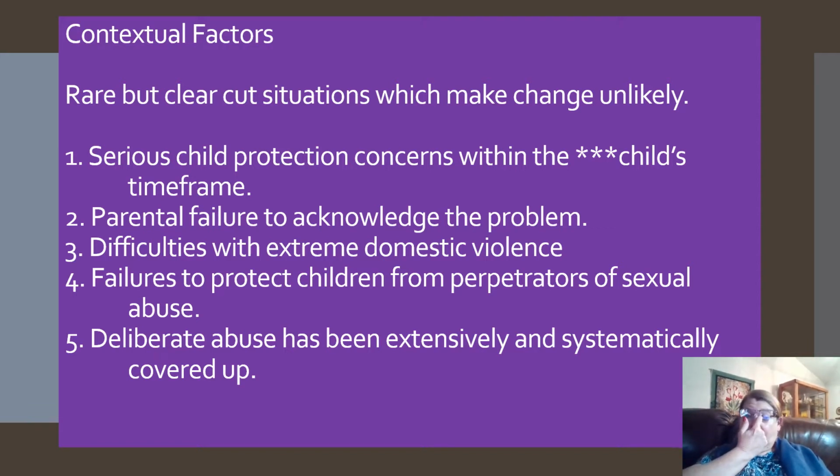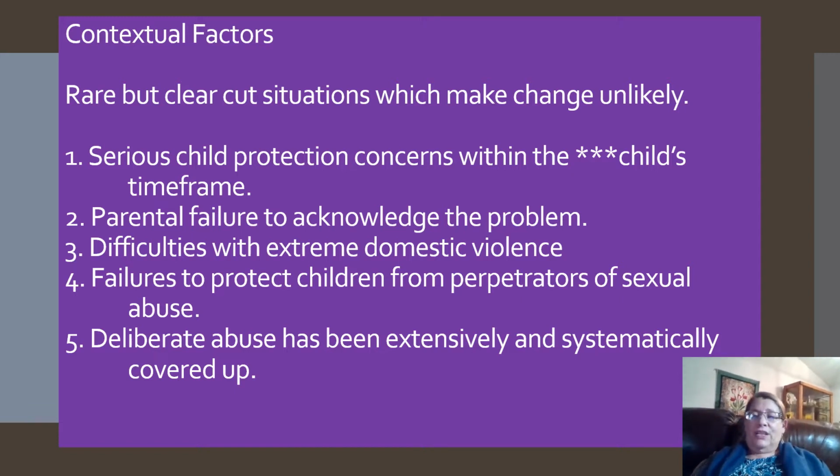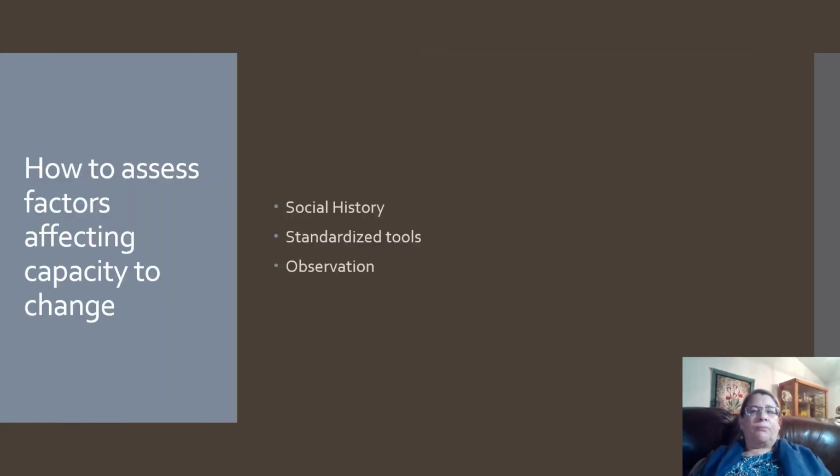And then there is deliberate abuse that's been very extensive and systematically covered up. These are those horrific cases of child neglect and maltreatment where somebody's found out that there were children in the home for 10 years and nobody realized they'd been starving them. In these cases, it is very unlikely that you could even think about trying to create change.